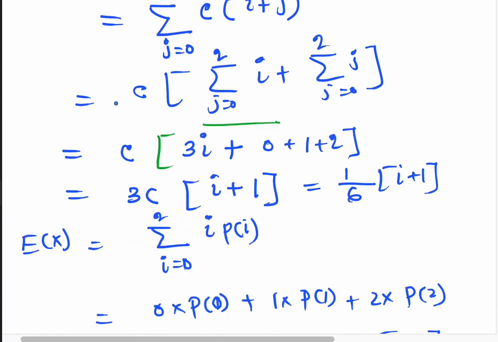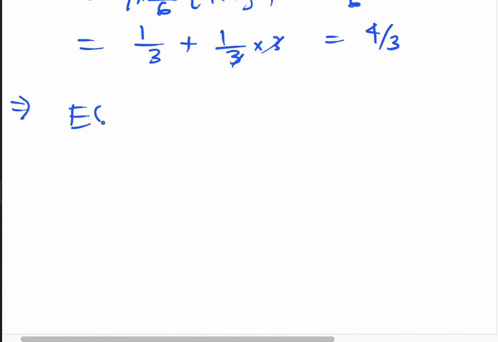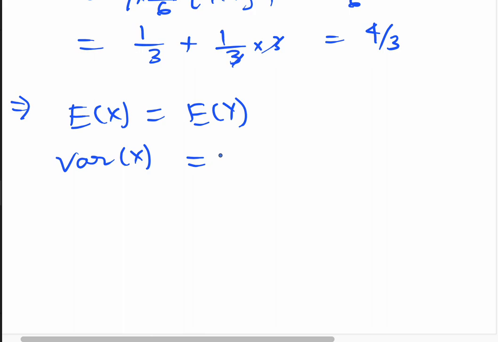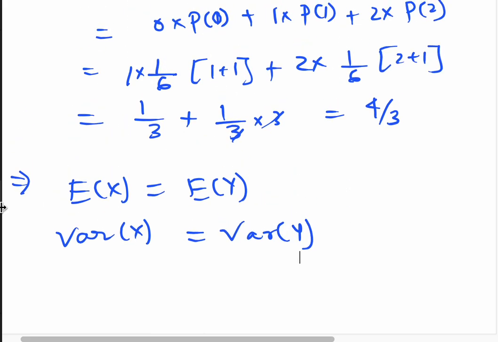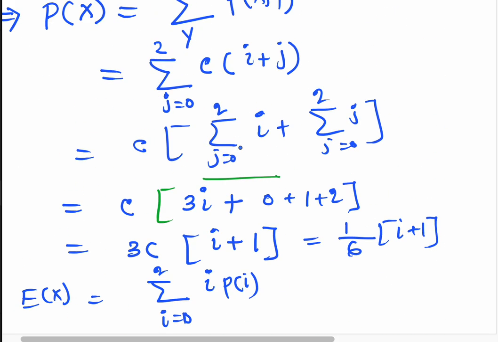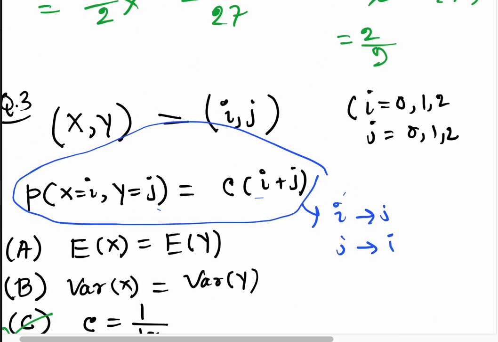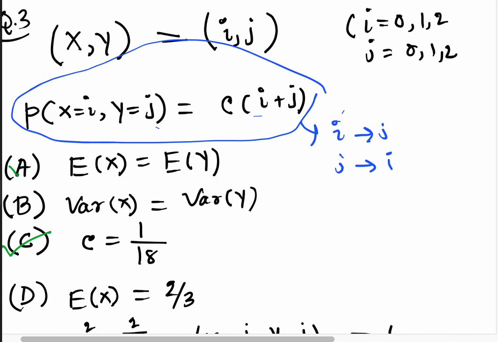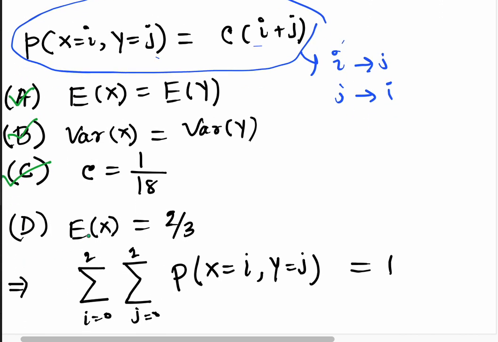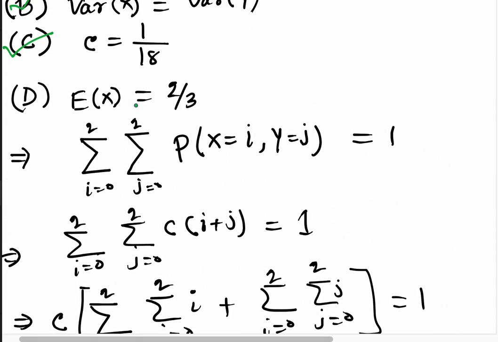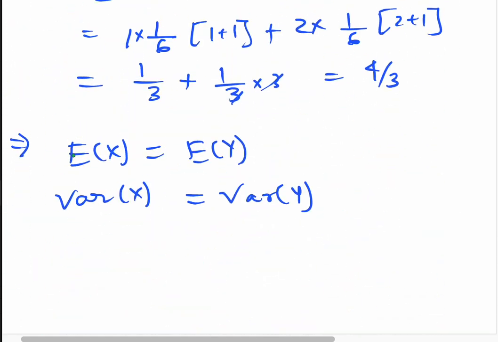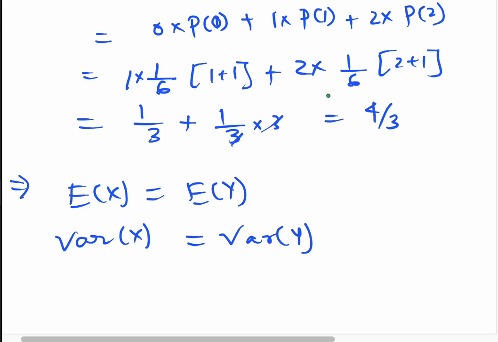So the expectation of x will be the same as the expectation of y, and the variance of x will remain the same as the variance of y. So these two are correct, these two are correct, only option D is not correct, as we calculated the expectation value of x is 4/3.